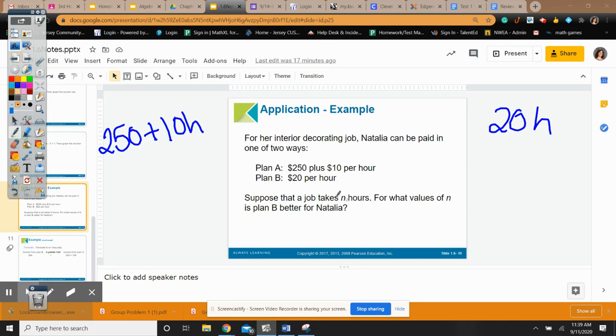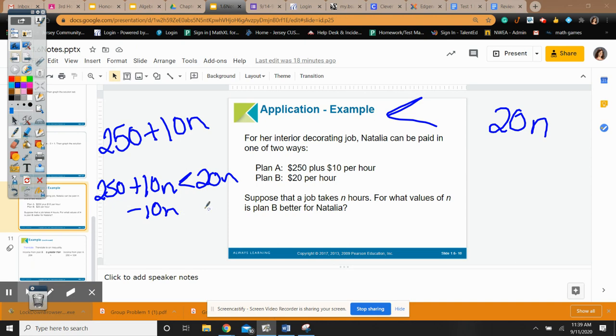If it takes n hours, I put H, so we can change that to an n. If it takes n hours, when is plan B better? So when is this one worth more than that one? You could do a table and guess and check, or you can solve the inequality. 250 plus 10n is less than 20n.